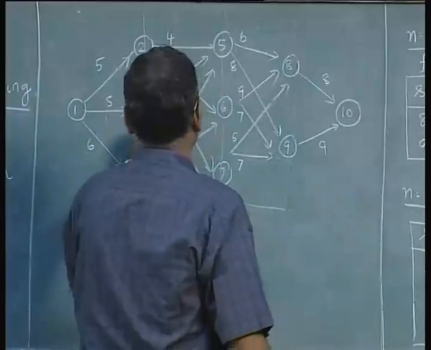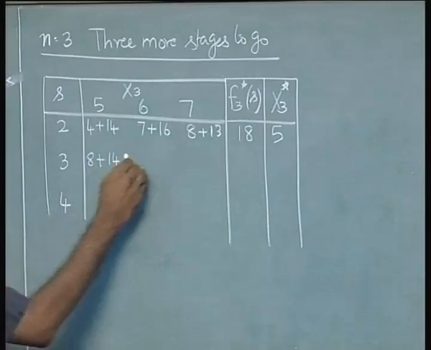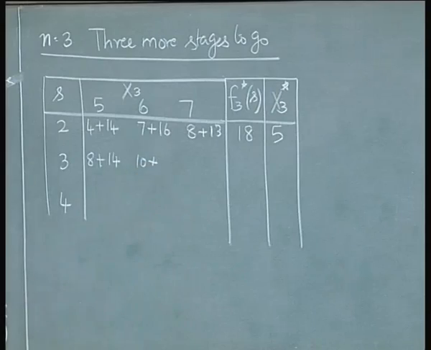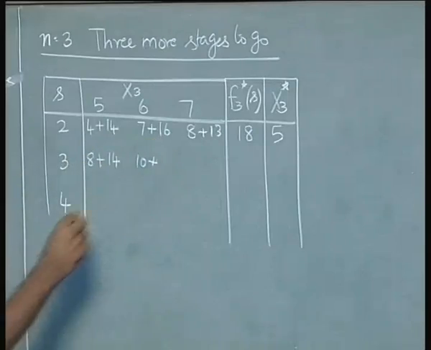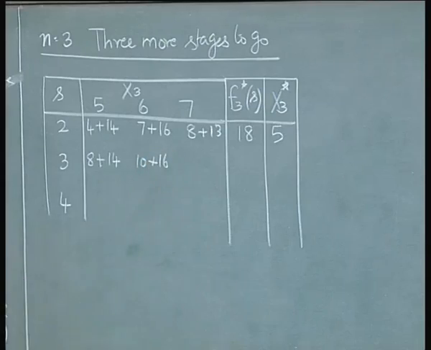3 to 6 is 10. 6 to destination is 16, which is already written here as 16, so 10 plus 16.